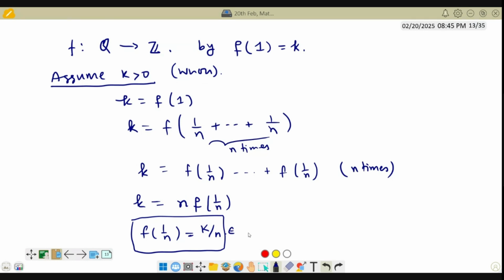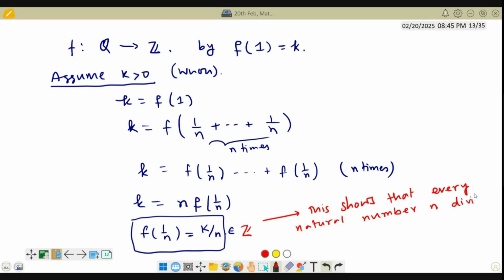That means that element f of 1 by n is in Z. So K by n has to be in Z. This shows that every natural number n divides K, which is not possible.